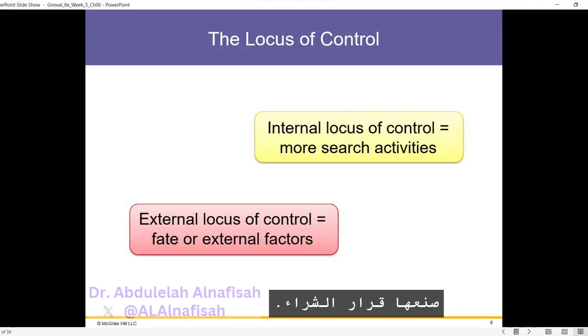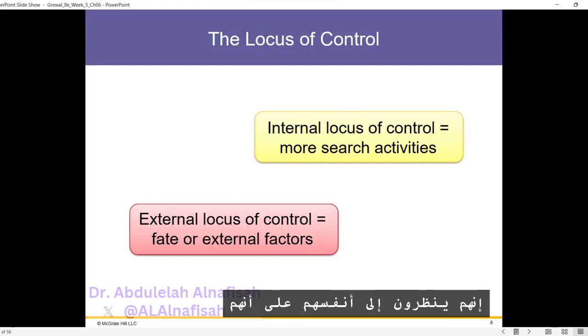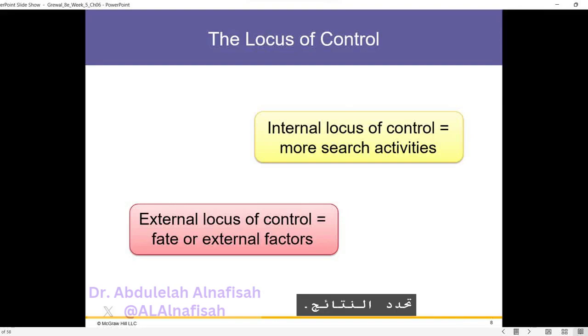On the other hand, consumers with an external locus of control believe that external factors or forces have a greater influence on the outcomes of their actions. They perceive themselves as having less control and believe that fate, luck, or other external factors determine the outcomes.